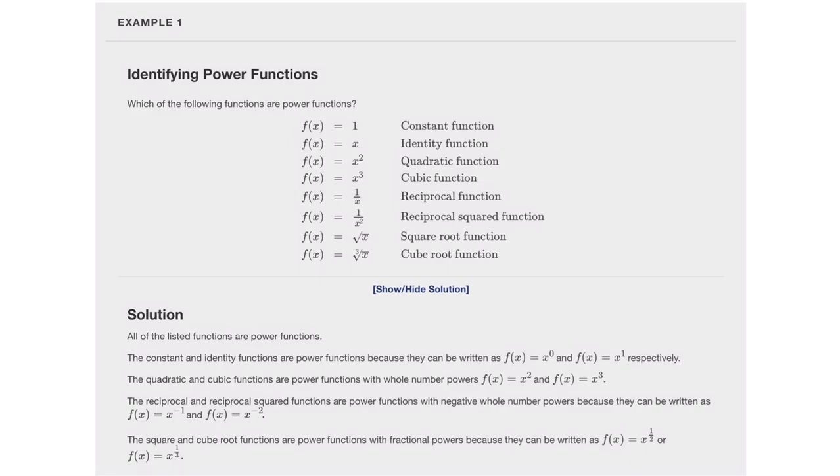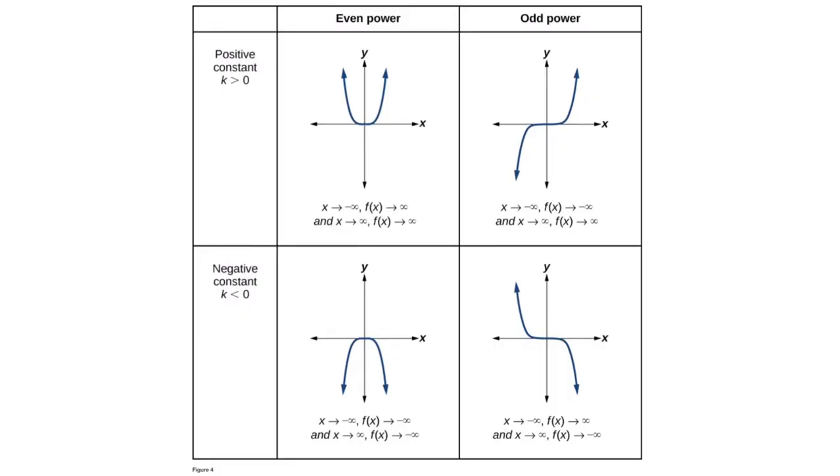I think they're basically reiterating what we just mentioned. So, okay, that was interesting. So these describe the general shape of power functions.